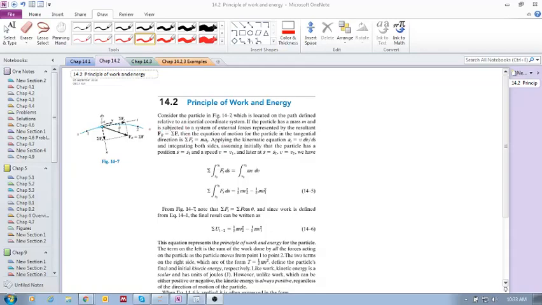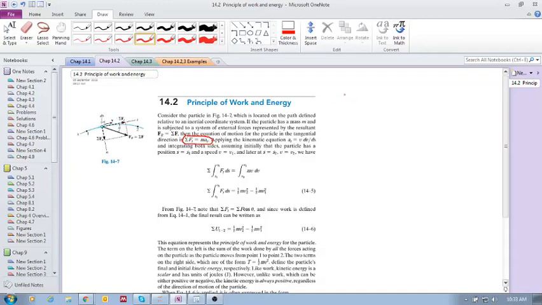We start off with Fr equals the sum of the forces, but what we're really after is the tangential force in the tangential direction. Why am I saying that? Because we're looking for the component of the force that's in the same direction as motion. Only that component of the force does any work.